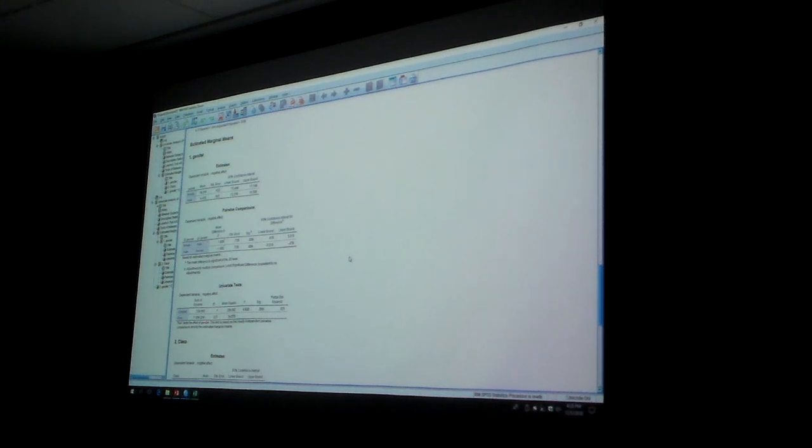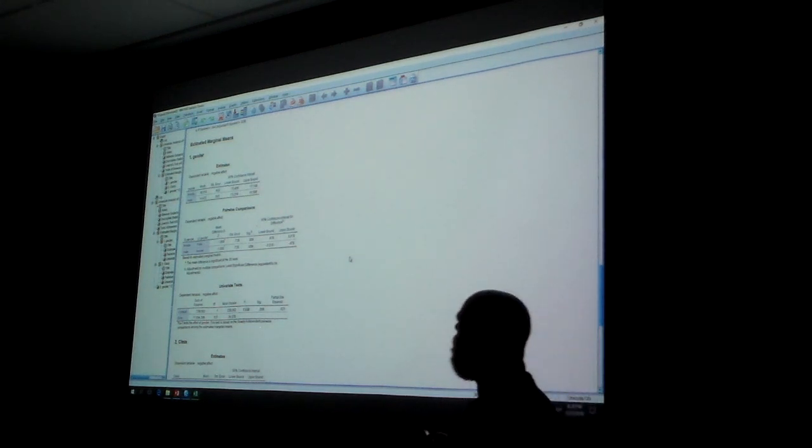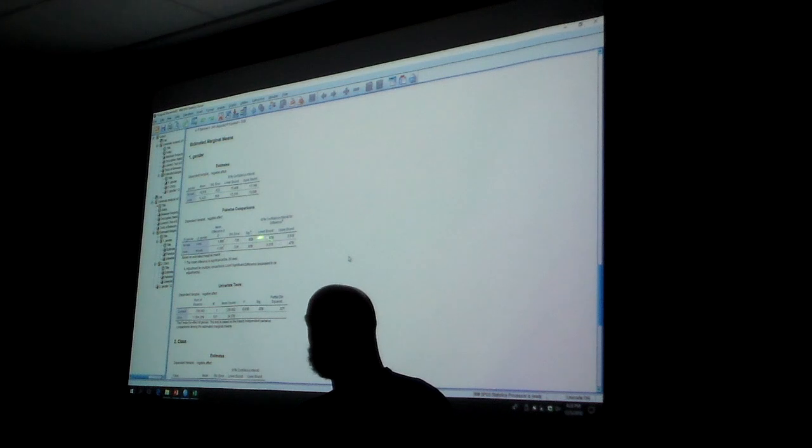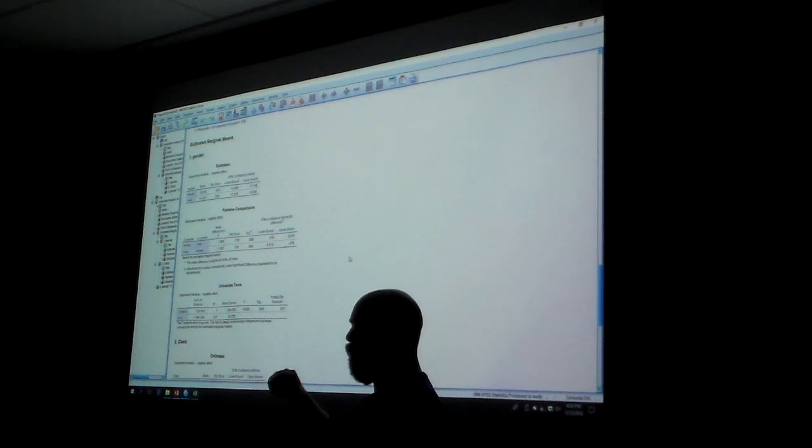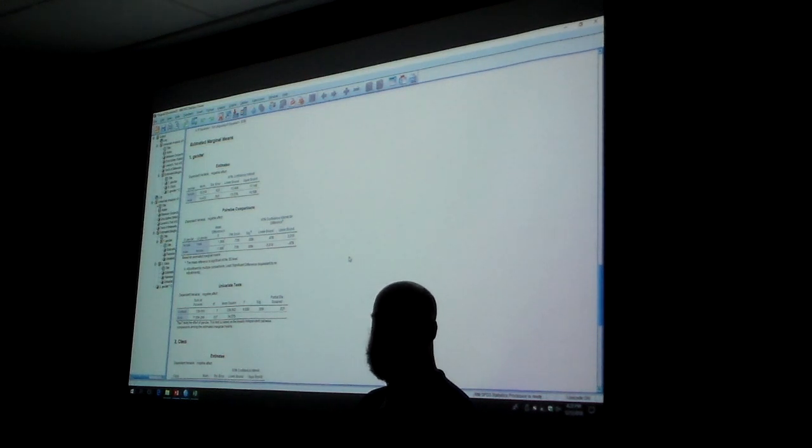So here you have your marginal means, and then you have pairwise comparisons of your two genders. So this is the difference between men and women, women and men, right? So it's just the same thing. When we requested tests of main effects, that's what this is giving us here.